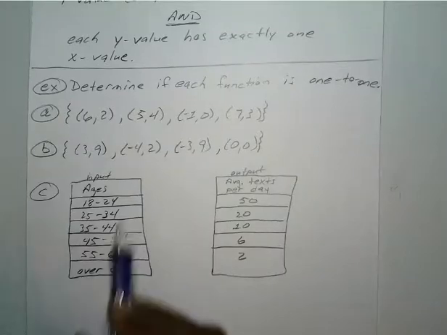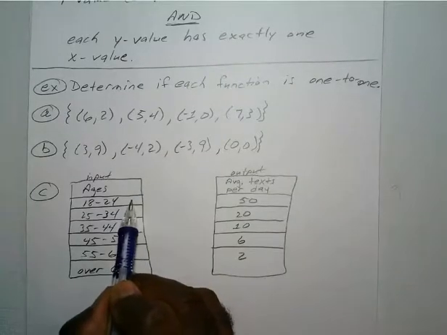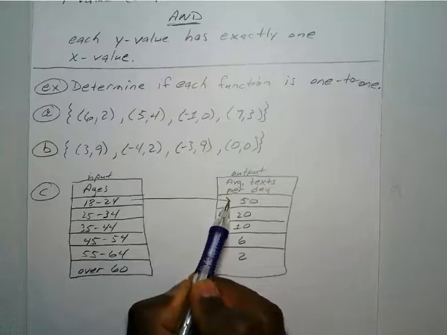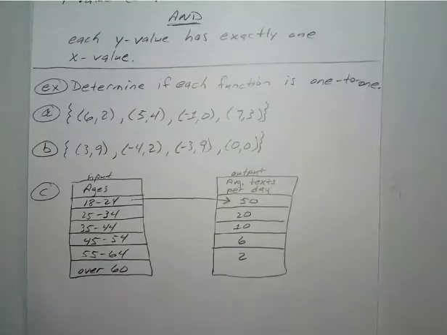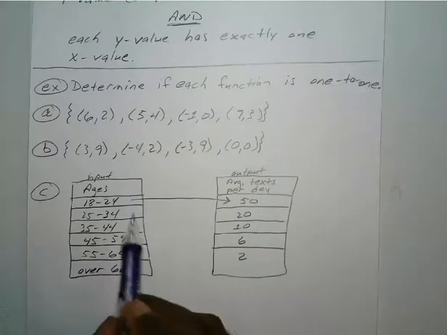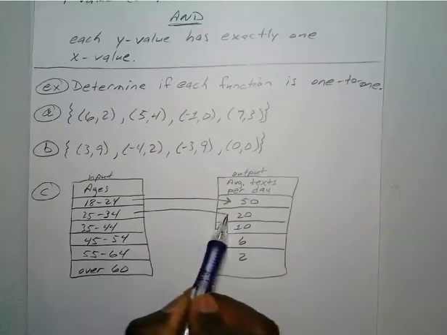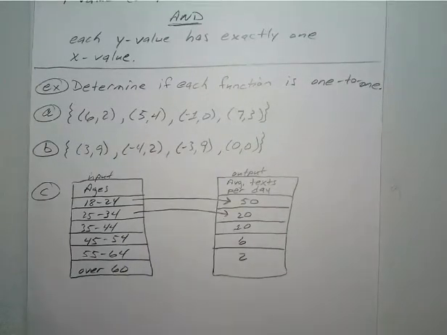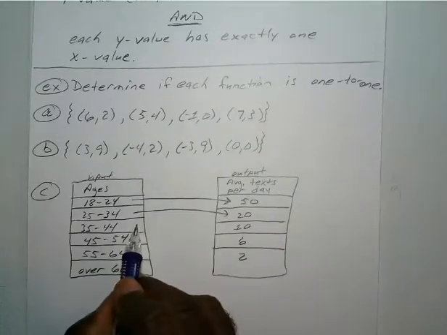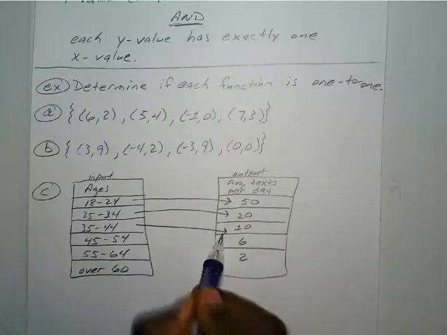Okay, so let's say the 18 through 24 goes to 50. Say the 25 through 34, that goes to 20. Say 35 to 44 goes to 10.